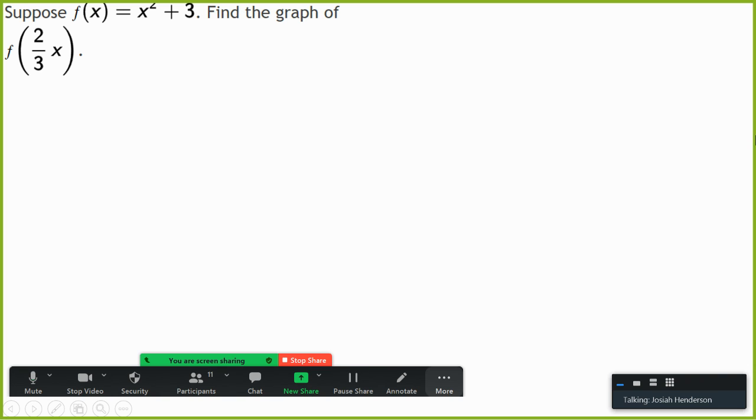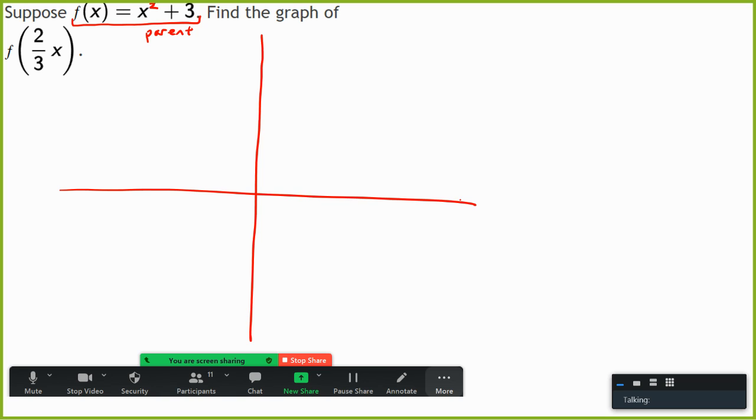Suppose f of x is, so this is our parent starting, x squared plus 3. It's a little cut off, but it's x squared plus 3. Let's not even look at the translation yet. I don't even want to know what the transformation is supposed to be. Let's graph the parent so we know what that looks like. It's the parabola shape, but it's already been translated plus 3.